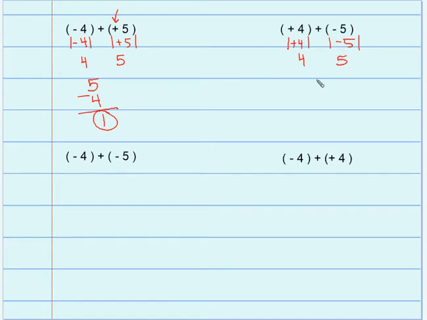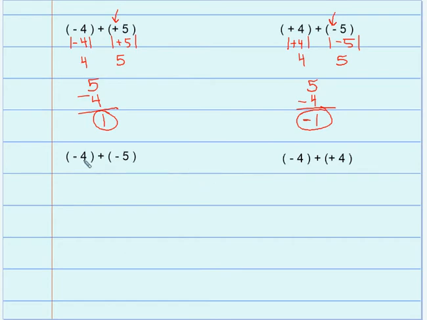And then subtract, put the larger number on top and subtract the smaller number from it. So when I subtract the absolute values, I get 1. And now I need to go up. The number that I had put on top of my subtraction problem was the 5, and the 5 originally was negative, and so my sum is going to be -1.